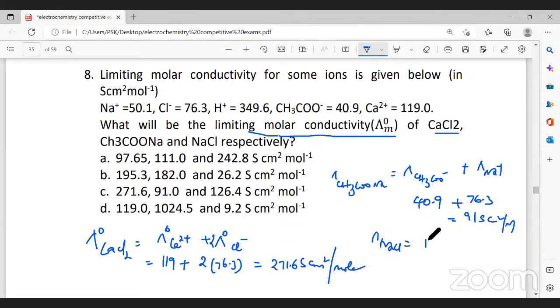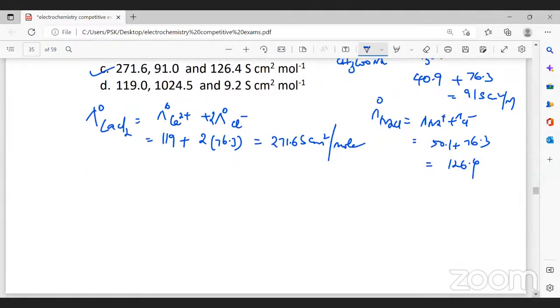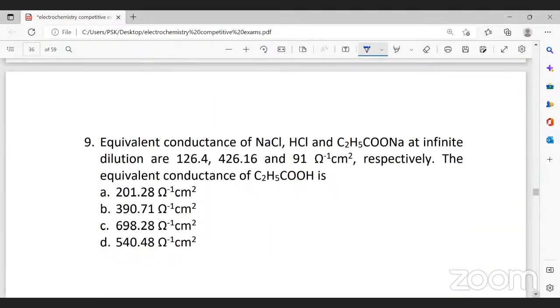NaCl is the conductance of Na plus ion plus Cl minus ion. All is limiting molar conductivity, lambda naught. Sodium ion, they've given us 50.1 and chloride ion is 76.3. So that will be equal to 126.4. So the answer for this question is option C. Getting it? Are you with me? Yes, sir.